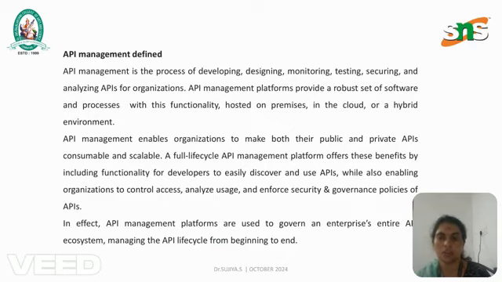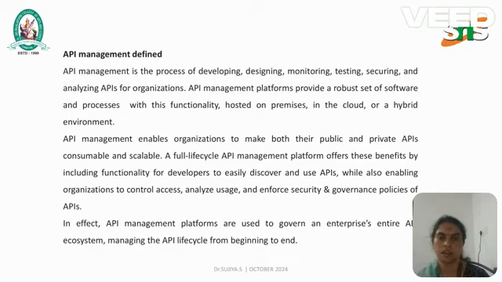And effective API management platforms are used to govern an enterprise and ecosystem, managing the API lifecycle from the beginning to the end. So this is how API management is done. Basically, API management consists of the process of developing, designing, monitoring, testing, securing, and analyzing the APIs of an organization. So when you take an organization, these are the basic processes it undergoes for API management.